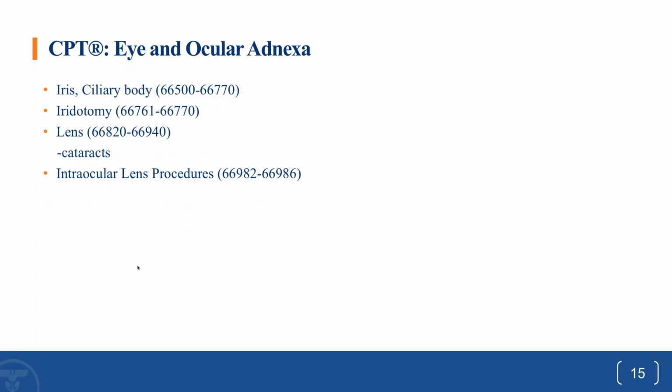So first thing you need to highlight in the CPT 66982 is extracapsular. So it's a cataract removal. So they are going to remove the cataract and also insert an intraocular lens.